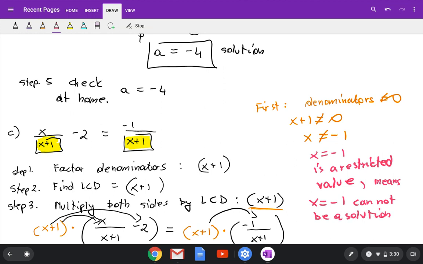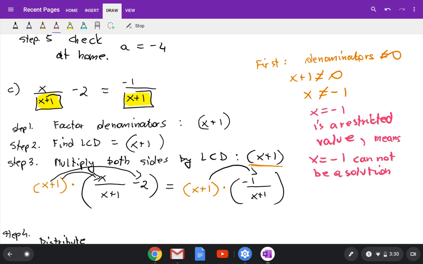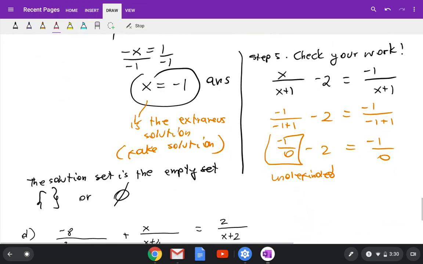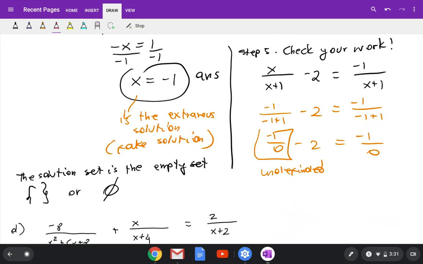So that's why they want you to find the restricted values, because then you know, like in this case, if I would start with the restricted value, I know that x equal to negative 1 cannot be a solution. So here x equal to negative 1 is an extraneous solution, but also we know that this is a restricted value.